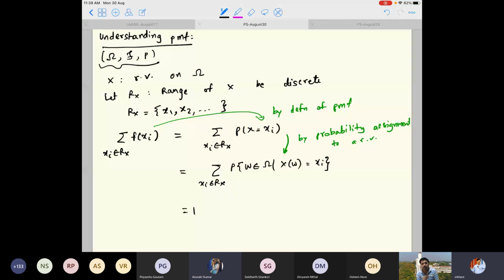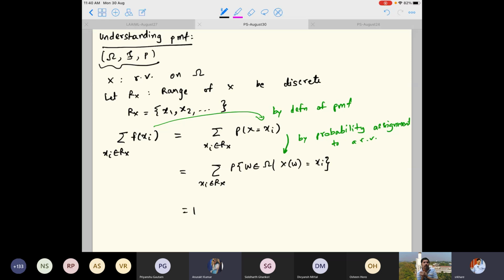From the rules that we defined, like the probability of union is equal to the sum of probabilities. Correct. Probability of unions is sum of probabilities. That is third axiom. You are Anurag, right? Yes, sir. So probability of union is sum of probabilities, but that is true when? When is that true?